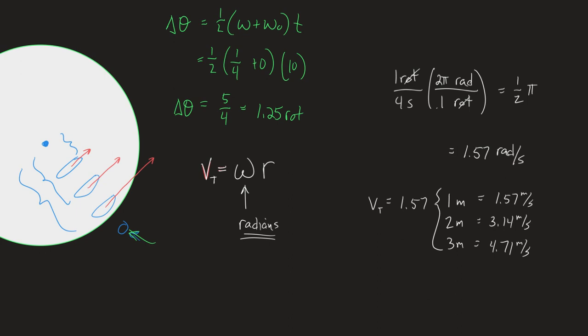The first thing I want you to know is that this is not just for velocity. You can apply this to all of your angular values. If you want to find a linear displacement and you have an angular displacement, this works. If you want to find any of your tangential values, this works. However, it always has to be in radians.